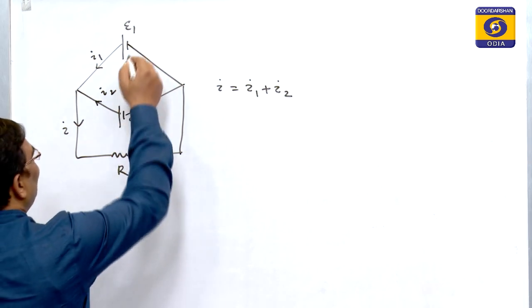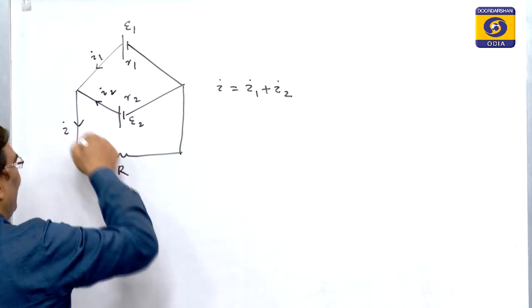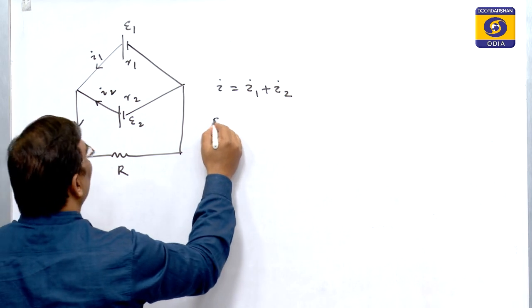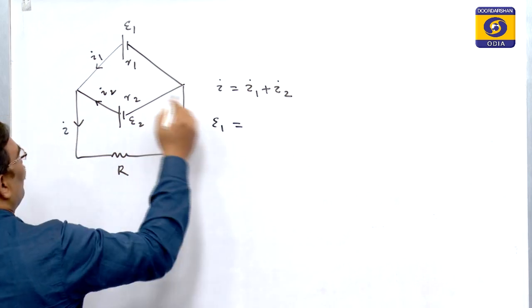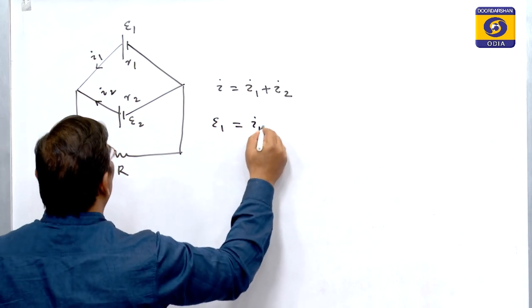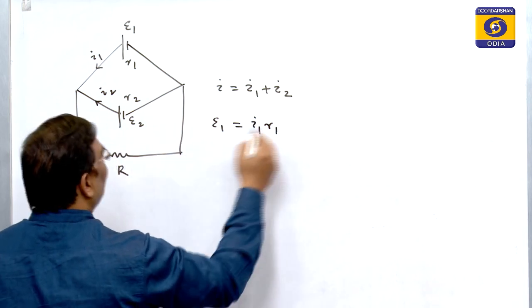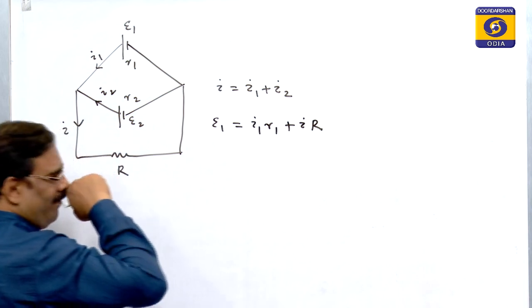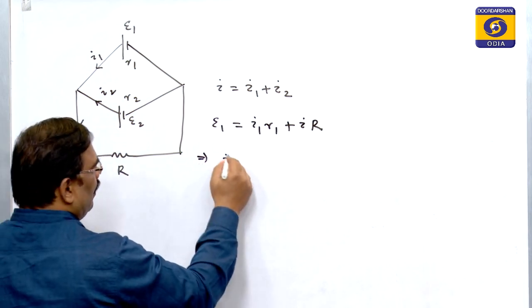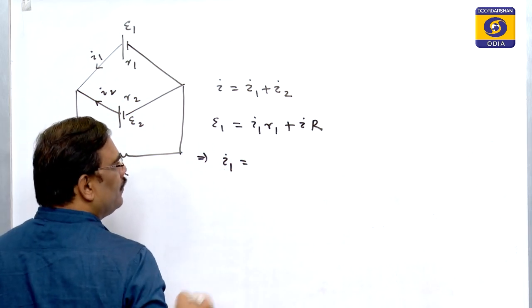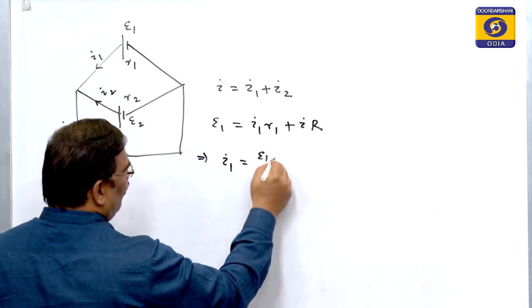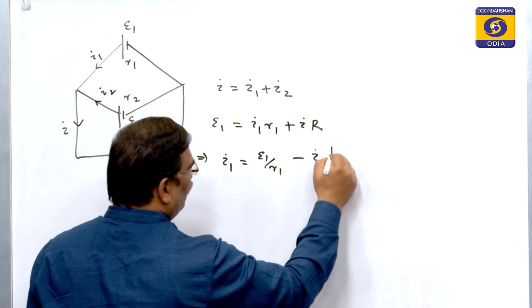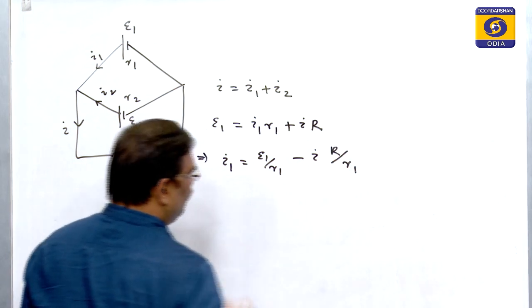Now, using Kirchhoff's law in the E1 R network, I will get E1 equal to I1 R1 plus IR. So, this implies I1 equal to E1 by R1 minus IR by R1.